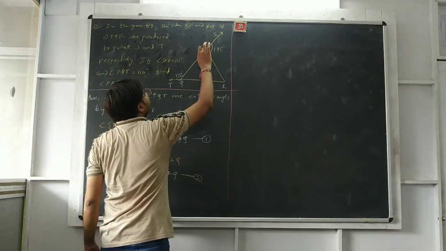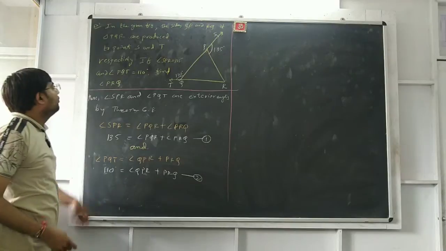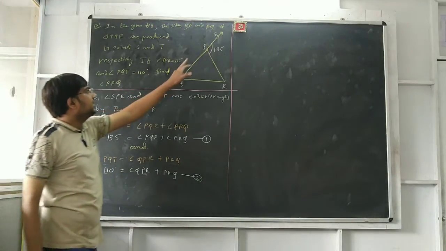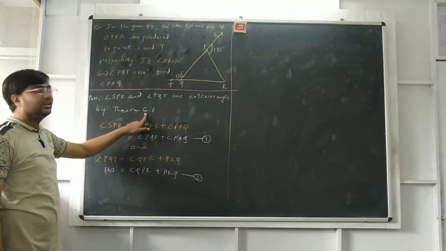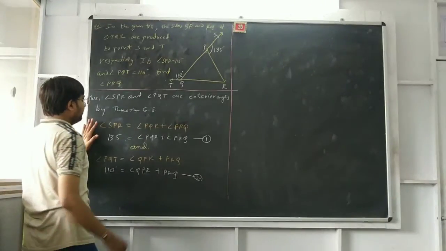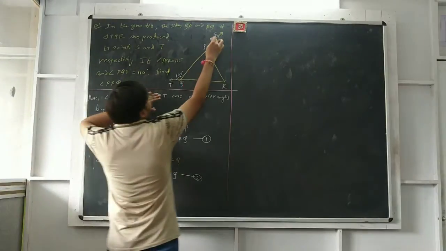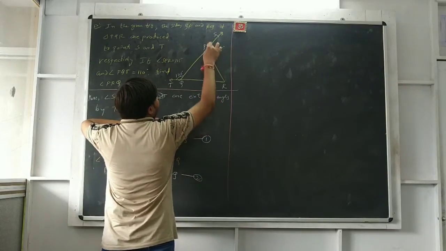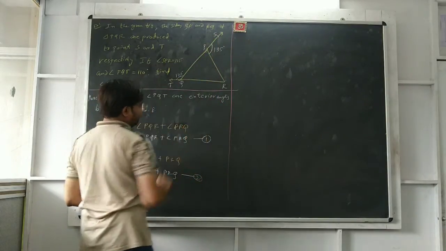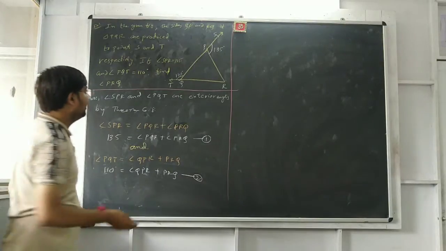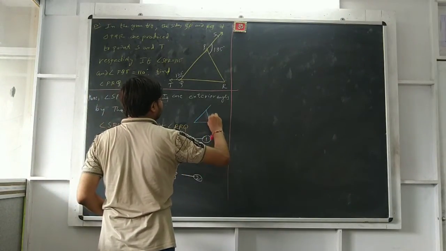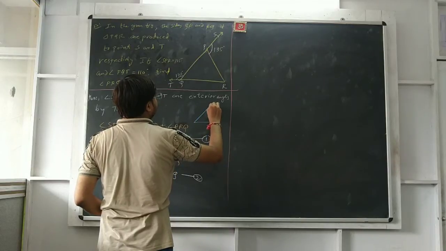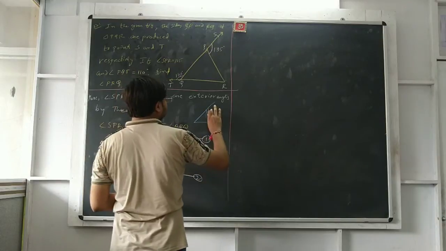We know that SPR and PQT are exterior angles of the triangle, by theorem 6.8. So I can write SPR in this figure. Here it is 135.